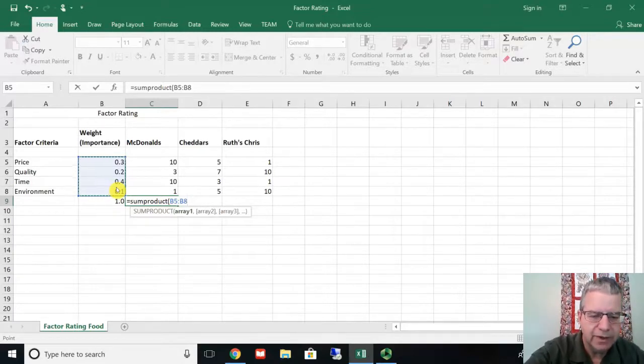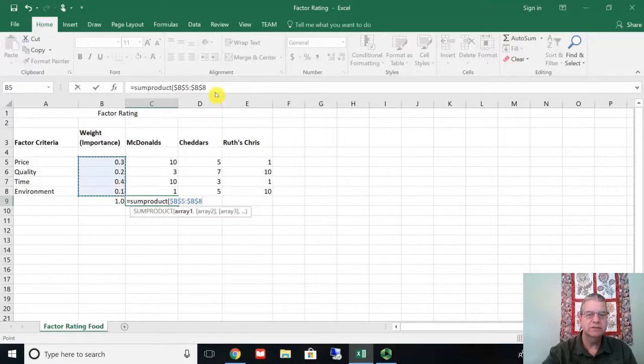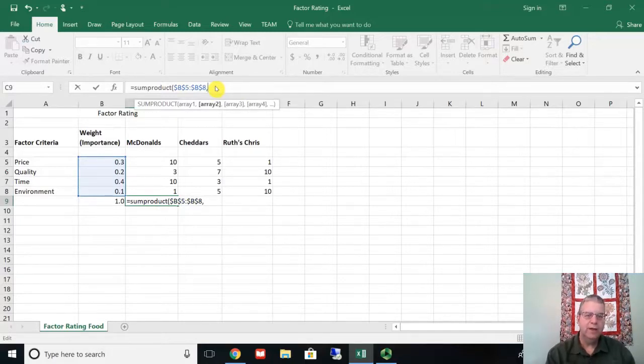So I'm going to use my F4 key to put the dollar signs. That's just going to tell Excel when I go to copy this formula, don't move that B column over. But I've got my weights, and then I say, all right, what will I multiply my weights by? I'll multiply the weights by the scores.